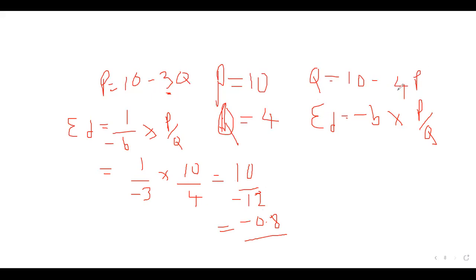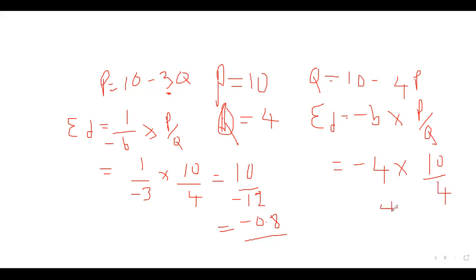Here our B is simply the number that comes before the letter. It is 4. But we're not going to use the inverse formula because this is a direct demand. So here we're simply going to get negative 4 times price, which is 10, and our quantity, which is 4.